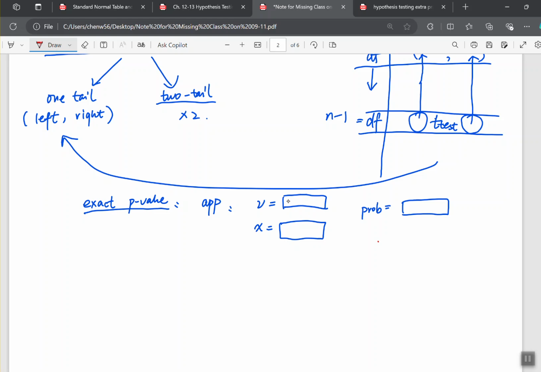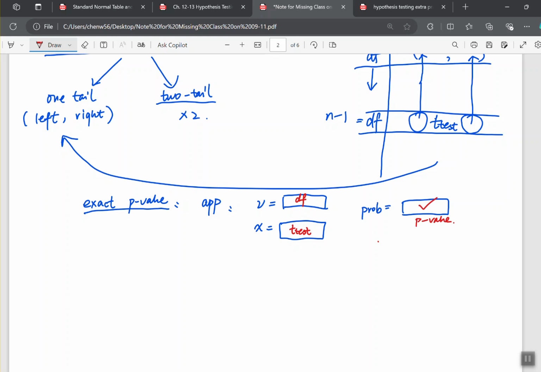The nu is where you enter your degrees of freedom, and x is where you enter your t-test statistic. Once you click done, the probability will show up here, which is your p-value.